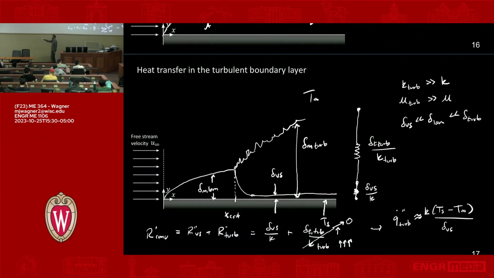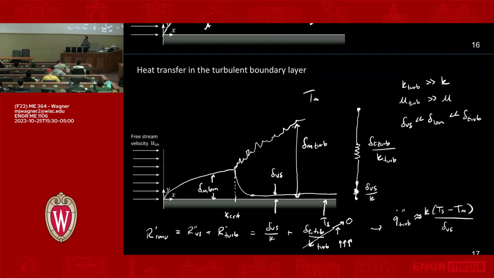Turbulent heat transfer rate is approximately K over delta Vs, our resistance, times the temperature potential. Okay, hopefully this gives you an understanding of what's happening when we talk about heat transfer in a turbulent problem. Again, everything comes down to the viscous sublayer and the mechanisms there.